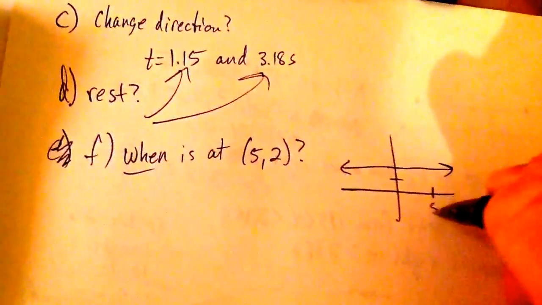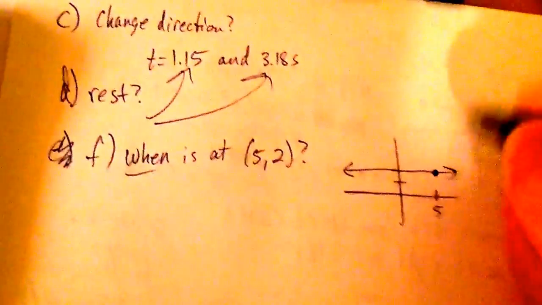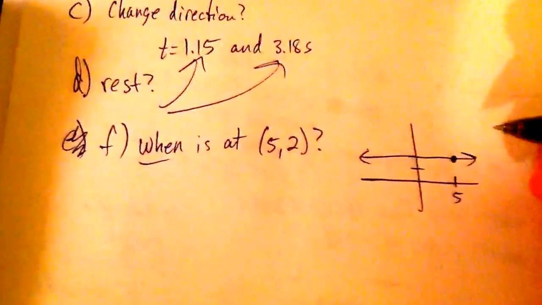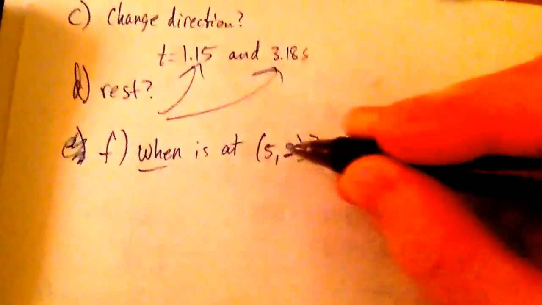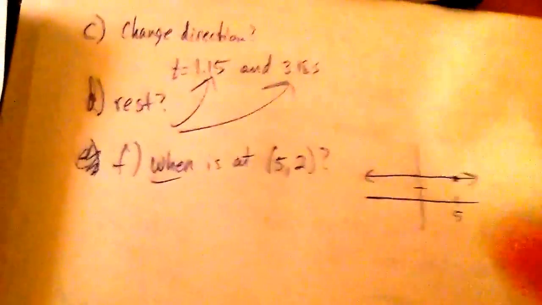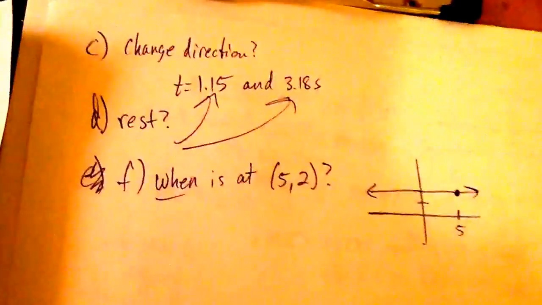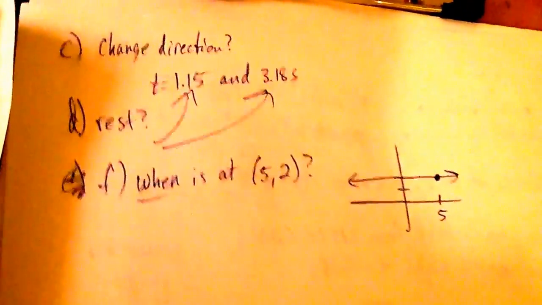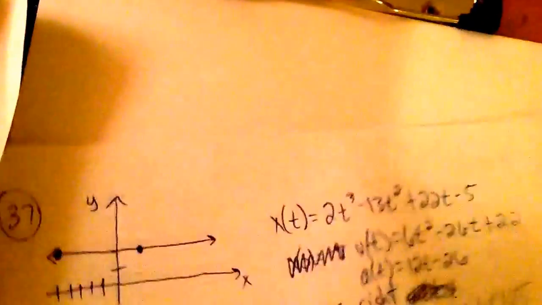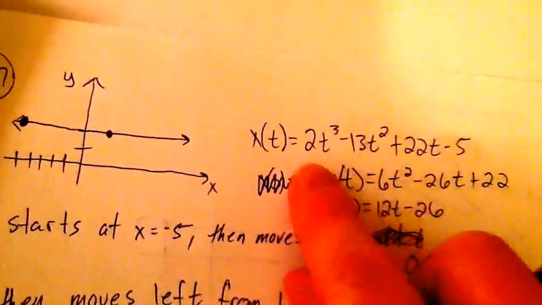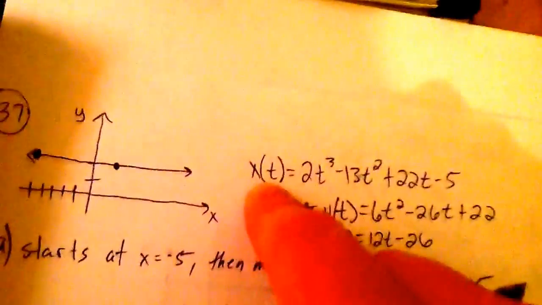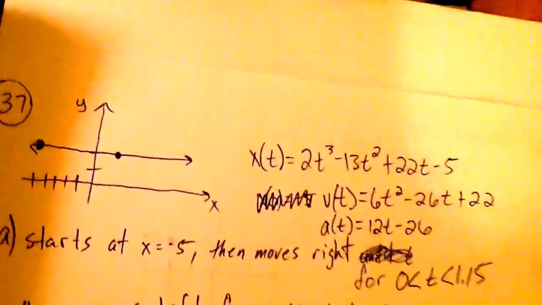So we just got to know basically when does x equal 5. Because the y value will always be 2 if we're moving along that line. So when does x equal 5? Probably going to go back, use the position function, plug 5 in on that side, and solve it.